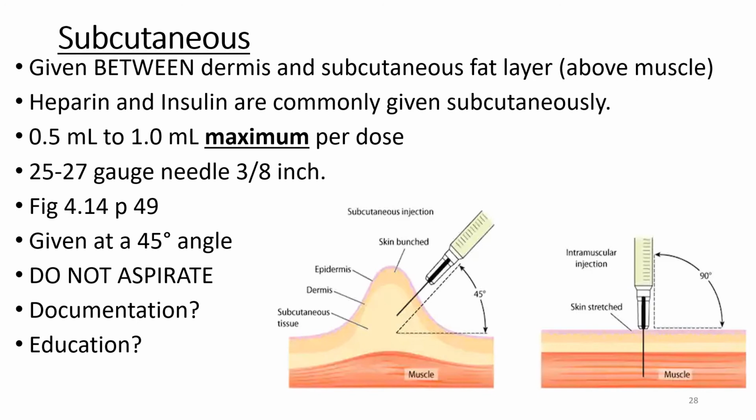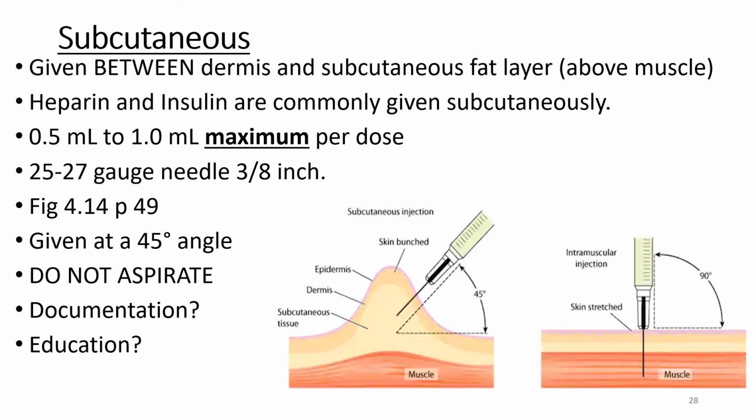The reason we pinch that up is so that we deliver it where we want it to be. We're pinching up that epidermis and the dermis so that we're actually getting into that subcutaneous tissue. Do not aspirate this when you're giving heparin and insulin. There's no need to. It's going into that subcu tissue, so do not aspirate.